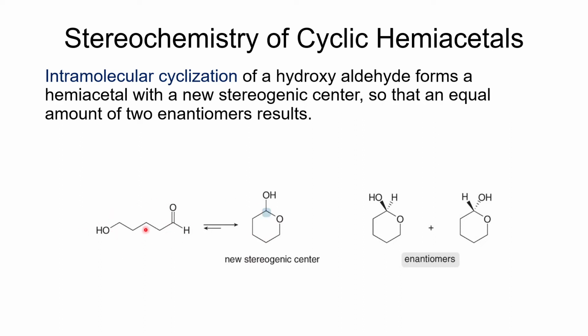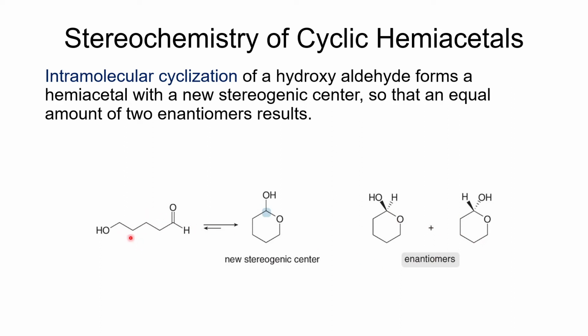Since the molecule that we started with was achiral, and I've said this many, many times, if your starting material is achiral, that means that your product is either going to be achiral or a racemic mixture of enantiomers. Since we do create this new stereogenic center, we're going to have a racemic mixture of these two enantiomers. So just something to remember.